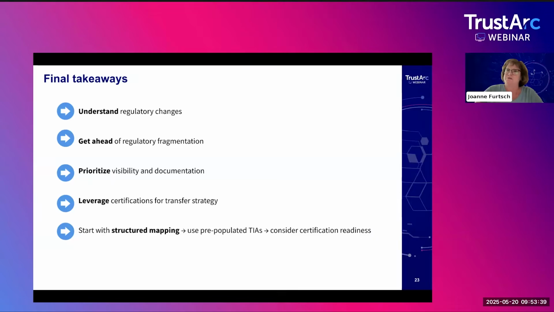Yeah, let's talk about what are some of the key takeaways from what we've covered here today. So one, understanding the regulatory changes, staying informed about the evolving landscape of data protection regulations like the new DOJ rules is really going to be critical as you're looking through your data flows and your overall strategies around what partners you're working with, and understanding where the data is going.